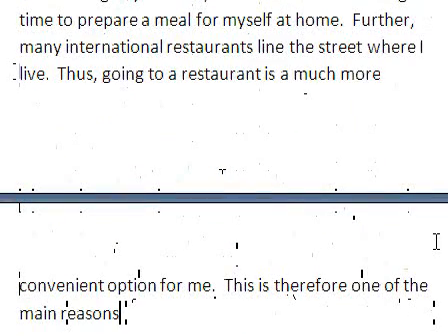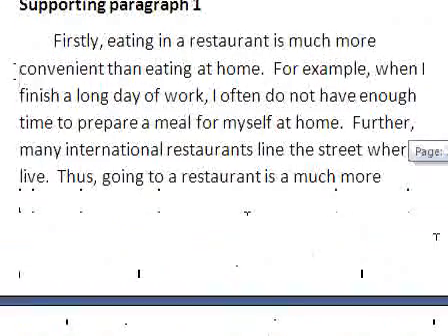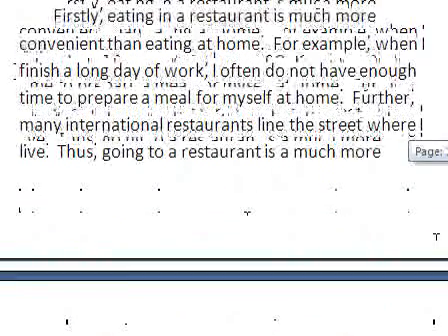Okay, and then finally the last sentence is just linking this whole paragraph to the idea of the topic. So we would say something like, this is therefore one of the main reasons I prefer restaurants to cooking at home.